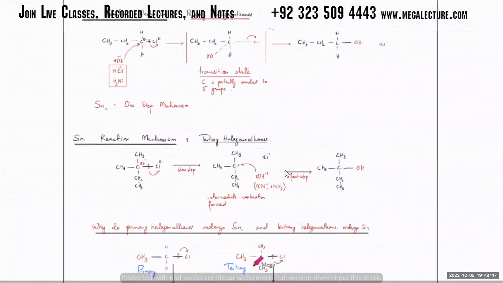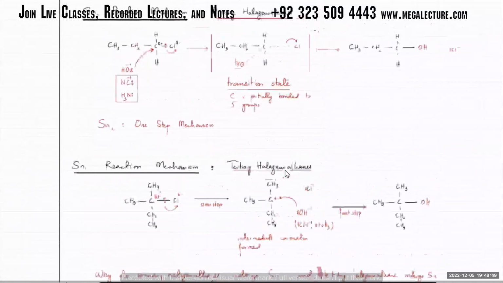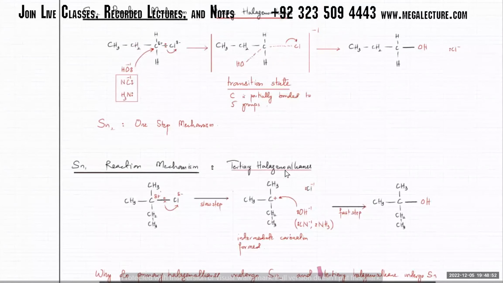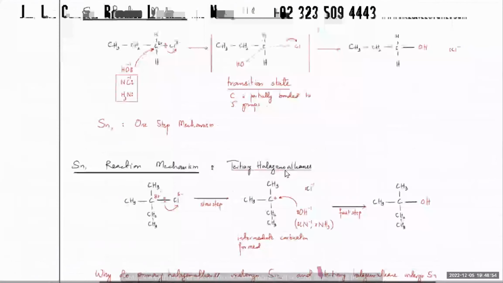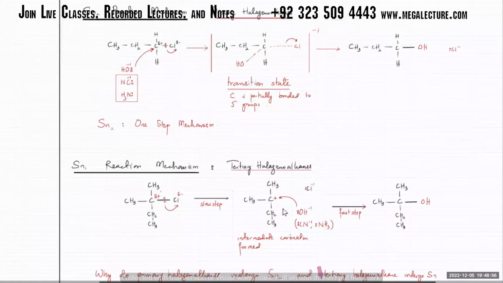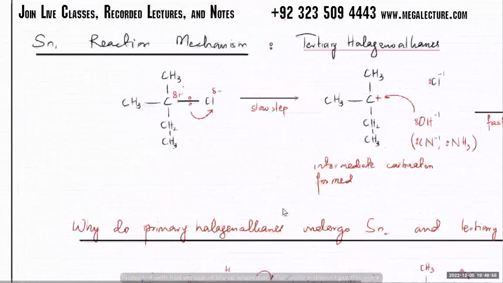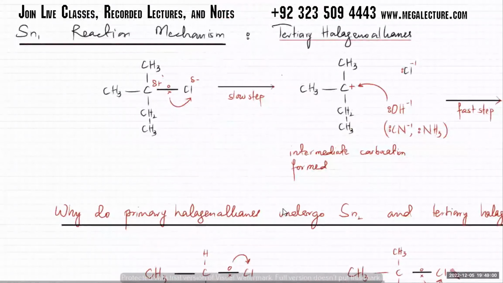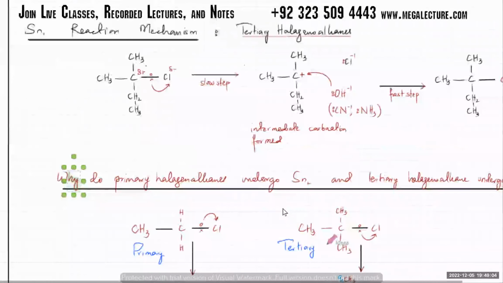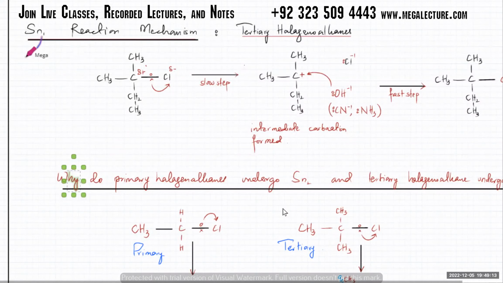Yes, sir. Plus you also have to understand why I say 1 or 2. Why am I calling that Sn2? Why am I calling this Sn1? This number indicates the speed of the reaction. For this tertiary halogenoalkane mechanism, why is it called Sn1? Sn1 indicates that the speed of the reaction depends on only one of the reactants.